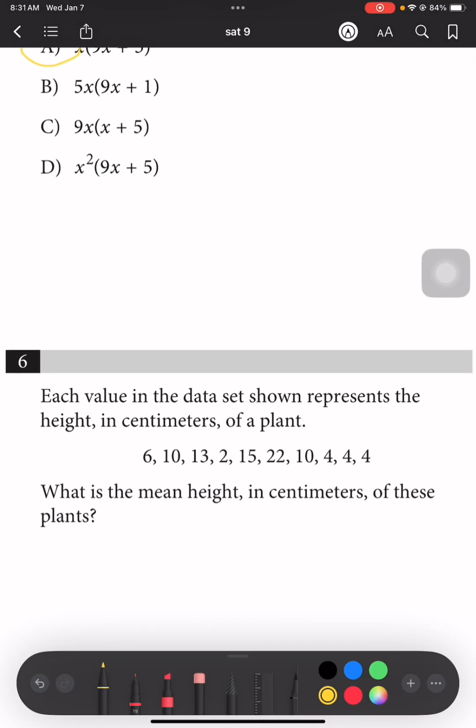Each value there should represent the mean heights of these plants. Okay, you've got to add them together and divide. There's 3 here, 3 there, 3 here, that's 10. Alright, let's add them up. That's 15, that's 30, 40.